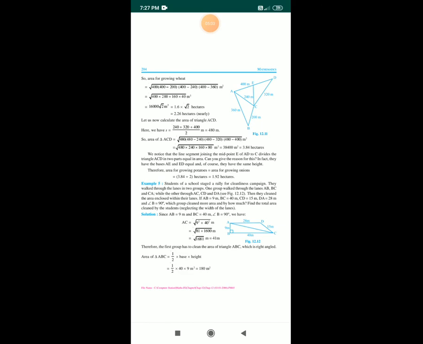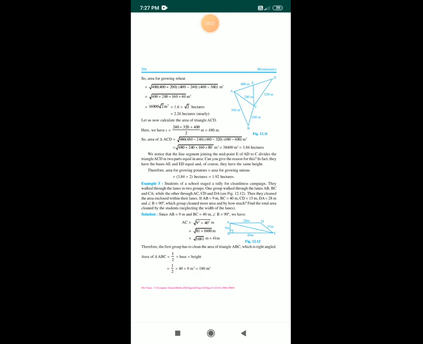Then they cleaned the area enclosed within their lines. If AB is equal to 9 meters, BC is equal to 40 meters, CD is equal to 15 meters, DA is equal to 28 meters and angle B is equal to 90 degrees, which group cleaned more area and by how much? Find the total area cleaned by the students, neglecting the width of the lines.